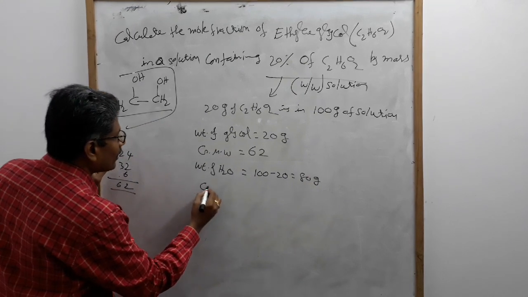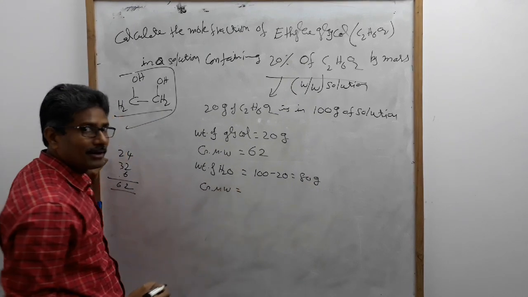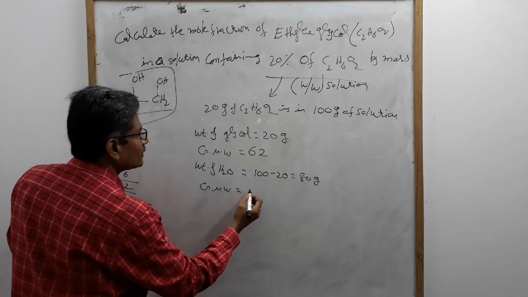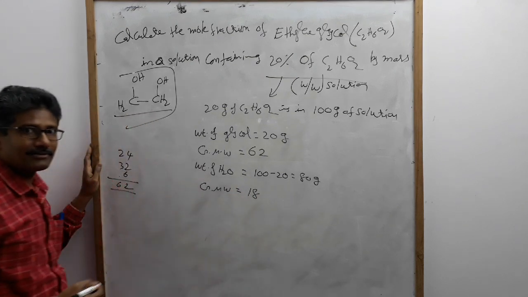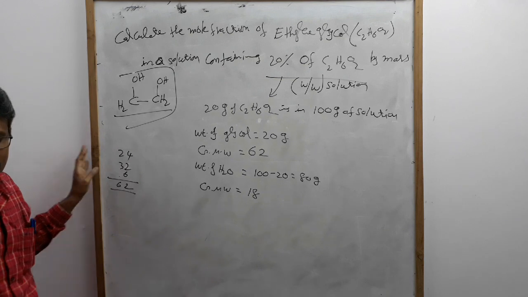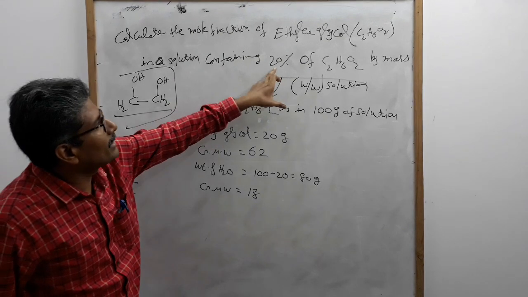Then gram molecular weight of water, you know, is 18.